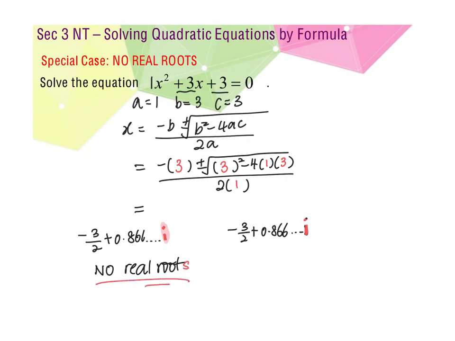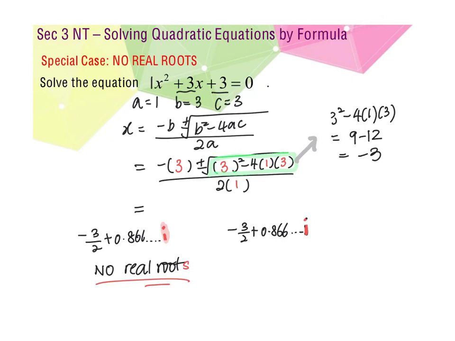Let's take a look at the expression inside our square root. This is actually the value negative 3 squared minus 4 times 1 times 3. This will give me 9 minus 12, which is actually negative 3.